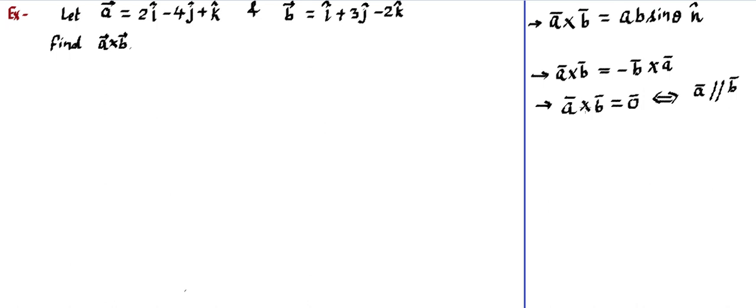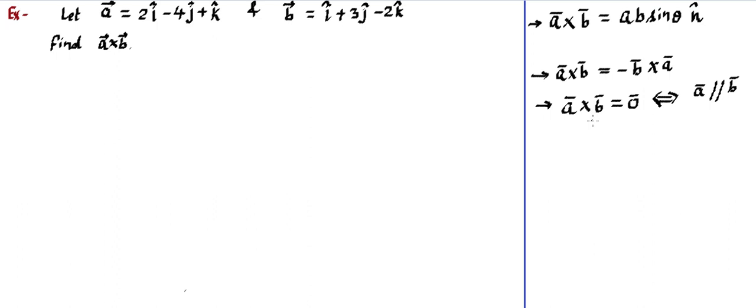If they are parallel, then the cross product is 0. This both-side arrow means this implies that and that implies this. So if A cross B is 0 and A and B are non-zero vectors, then they must be parallel. If they are parallel, then the cross product must be 0, right? And we have talked about the maximum value being AB and all other stuff. So this is what it is.